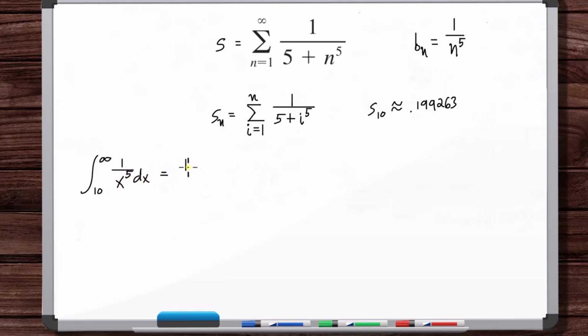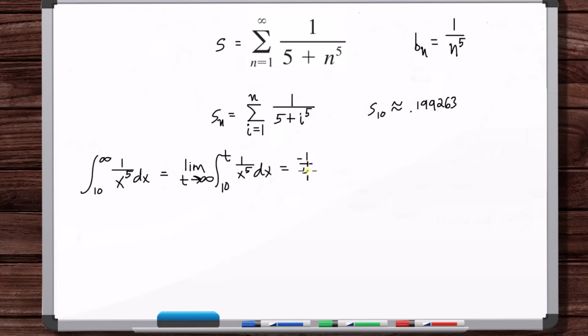So we've got the limit. The integral of x to the minus 5: minus 5 plus 1 is minus 4, so x to the minus 4 over minus 4.